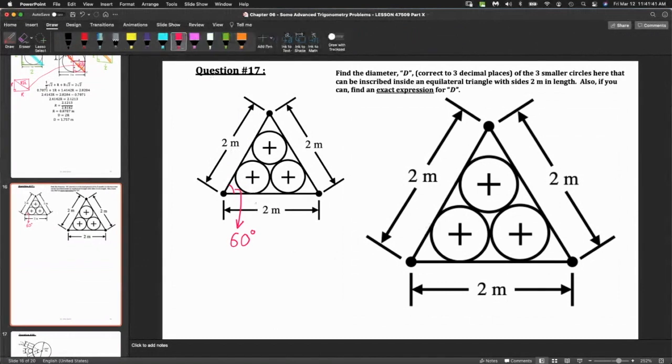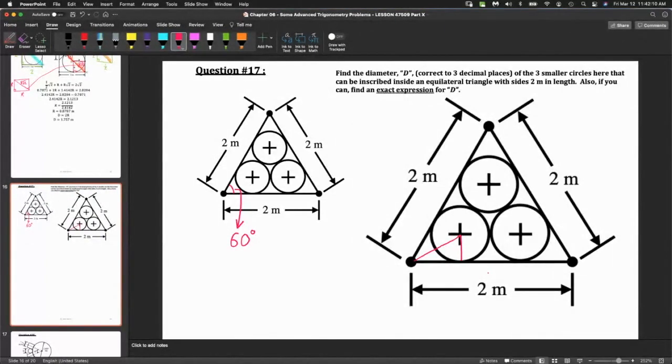180 divided by 3. So here is the key to the question. This is the right angle triangle I'm going to use to solve the question. Sorry?